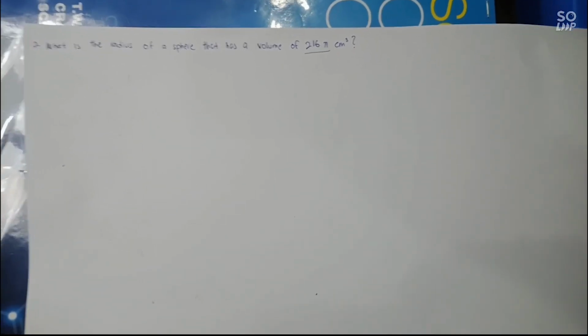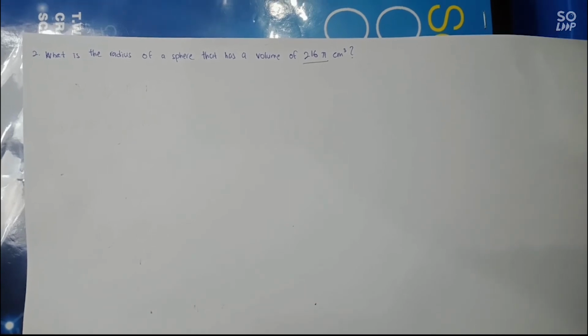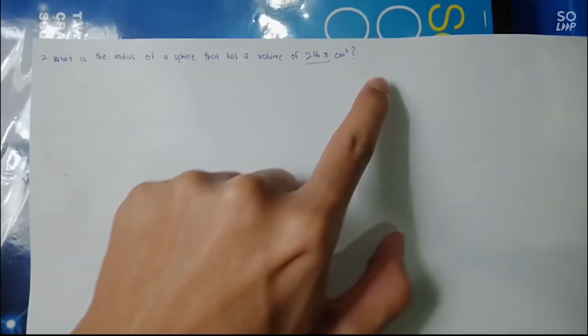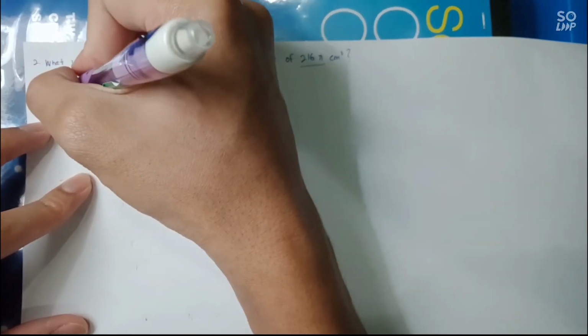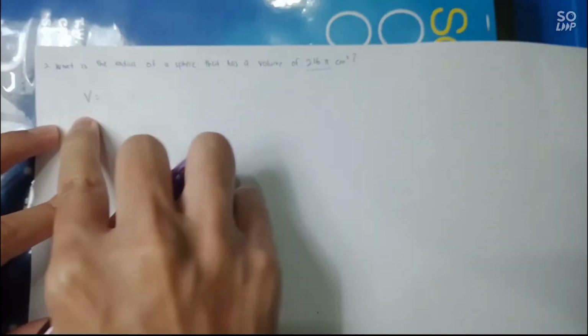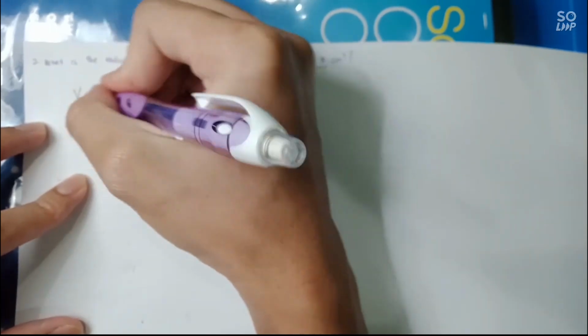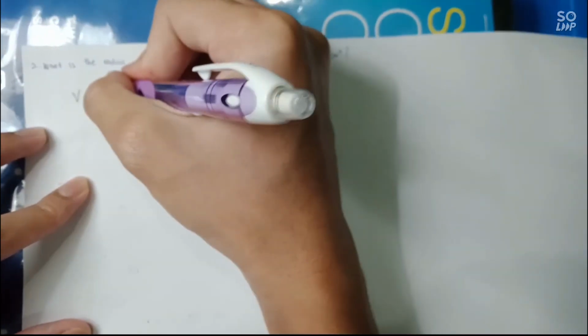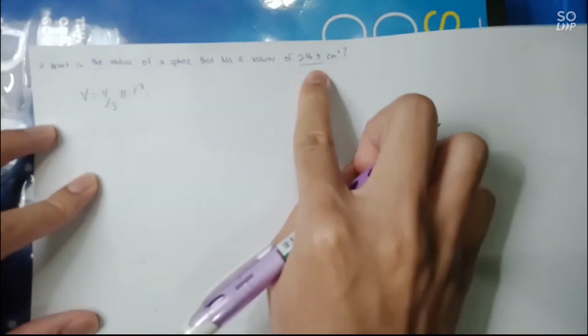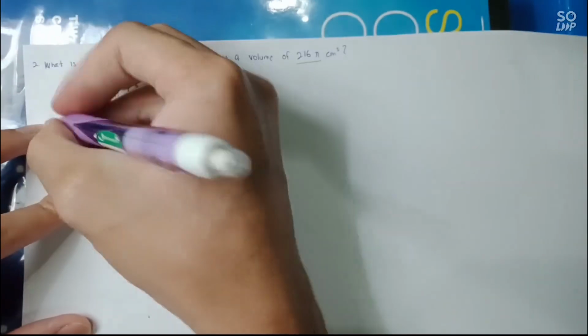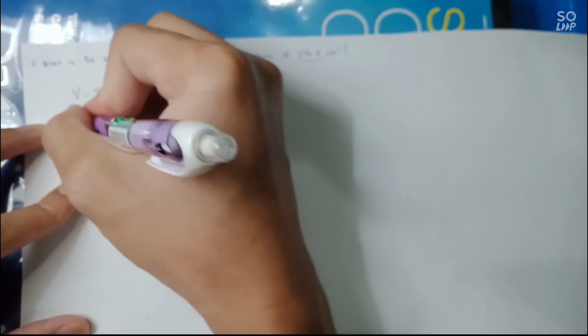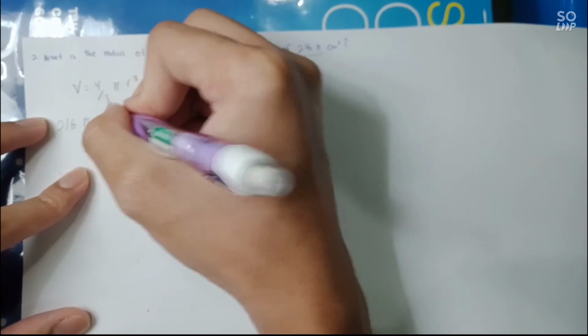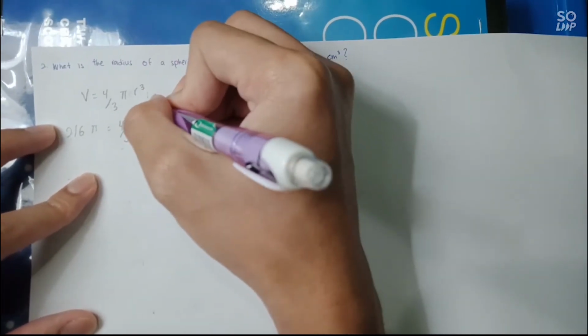The next question asks, what is the radius of a sphere that has a volume of 216 pi cm cube? What you need to know first is the same, which is the formula. Volume equals 4 over 3 times pi times r cube. So you just convert here to 216 pi equals 4 over 3 pi r cube.